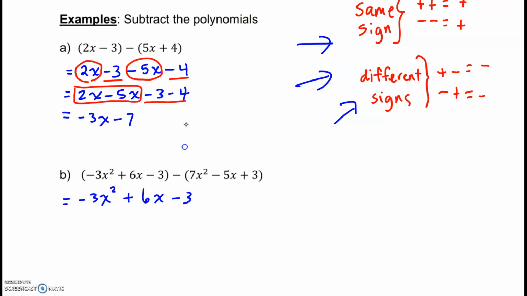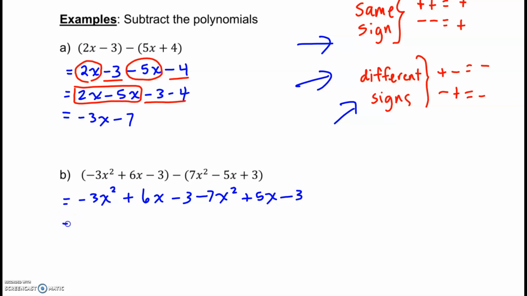Okay, so let's use them. We are doing subtract a +7. Opposite signs means I have to change it to a -7x squared. Subtract a -5. Same signs means I have to do a +5x. Subtract +3. Opposite signs means I have to do a -3.